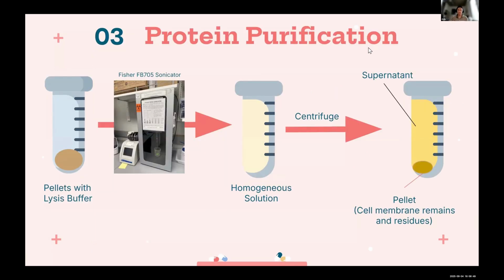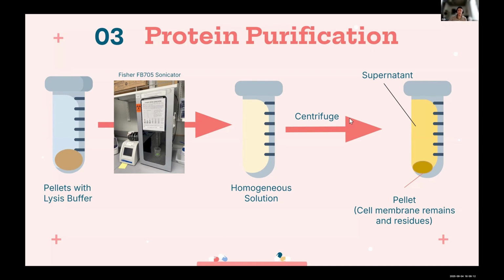The next step was protein purification. We take those pellets and add some lysis buffer, then we sonicate them until the solution is homogeneous. The solution looks kind of like milk. Then we centrifuge that solution and get a supernatant and a pellet.